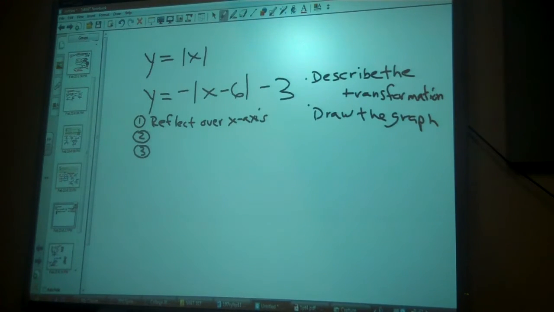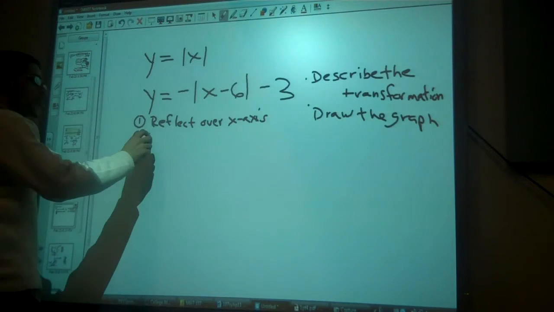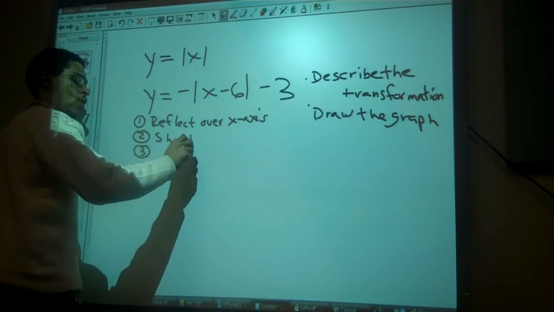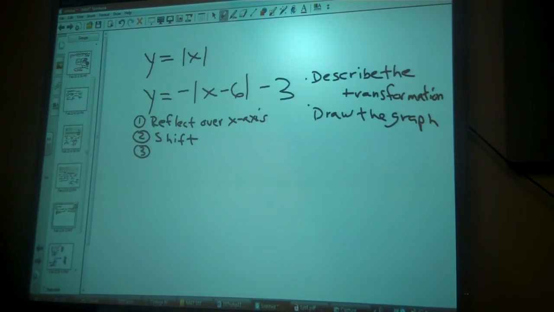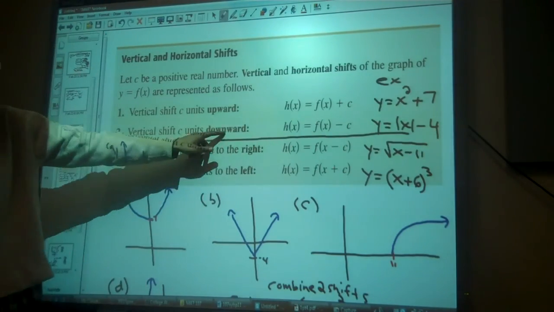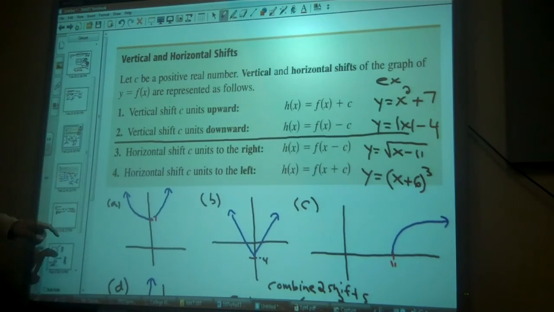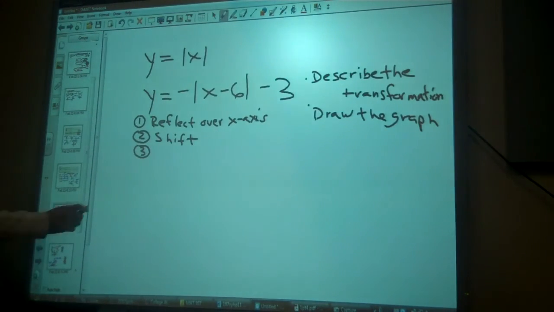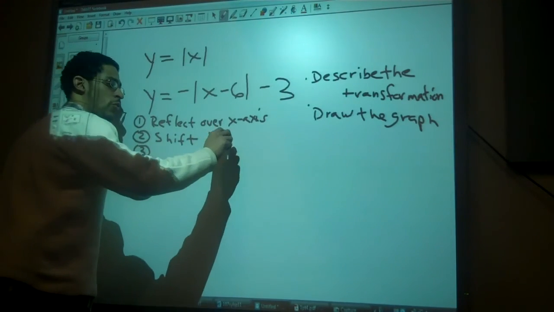And then it needs to be shifted. There's 2 kinds of shifts going on here. There's a vertical shift and a horizontal shift. We said that if we take and subtract 3 at the end, that's a downward shift. And so we need to shift down 3 units.